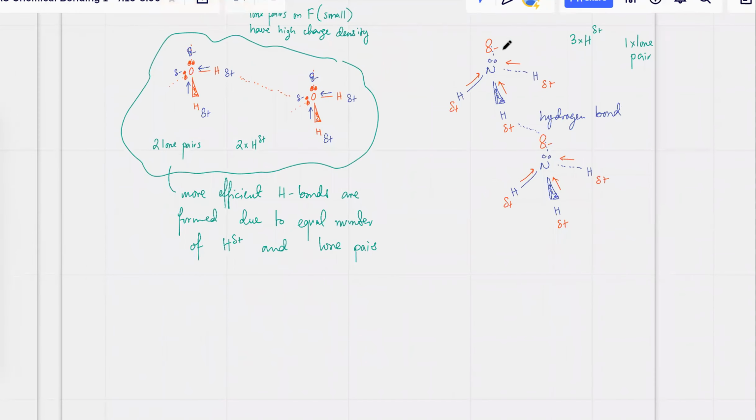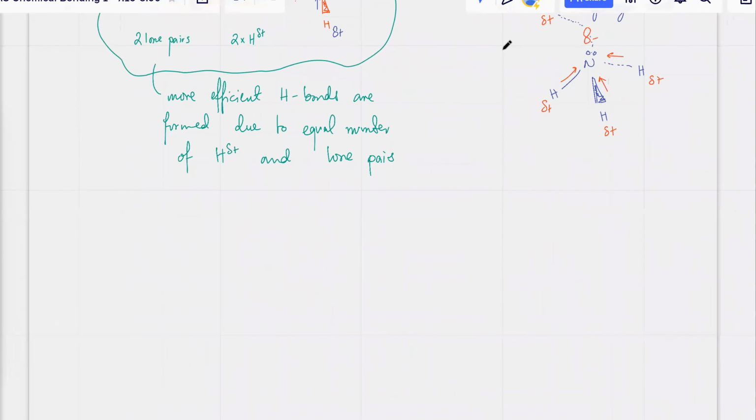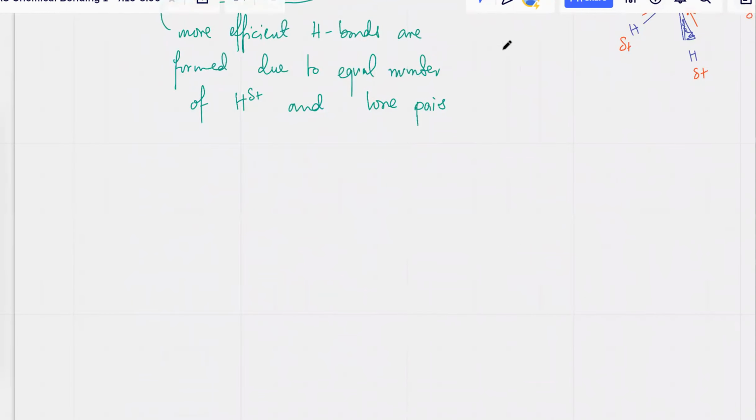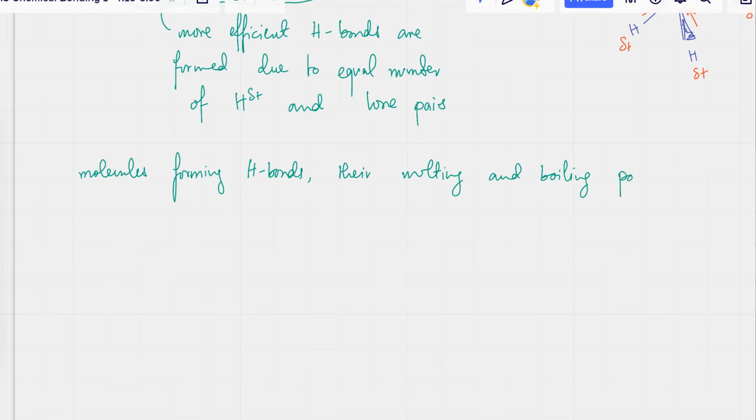So now some properties about hydrogen bonding. I told you that molecules that form hydrogen bonds, their melting points and boiling points specifically are drastically higher compared to similar molecules.